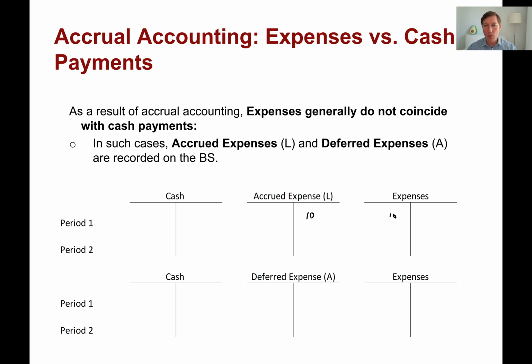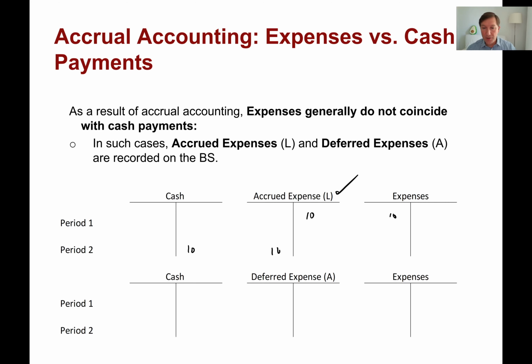And now we benefited from it, and the question is, how do we account for it since we haven't paid it yet, right? Well, accrued expense allows us to deal with that situation. It allows us to record an expense today without receiving cash, and then when actual cash is paid, this accrued expense is going to be reversed, right? Accrued expense is a liability account on the balance sheet.